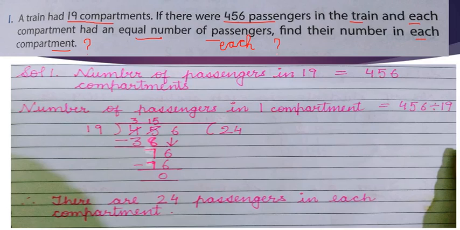Now, in this problem we basically know the number of passengers in 19 compartments. Okay, as they have already told that in a train there are compartments and in the compartments passengers are there. Of course a train is used to carry passengers, right? So, a simple word problem, we will simply write the number of passengers in 19 compartments.